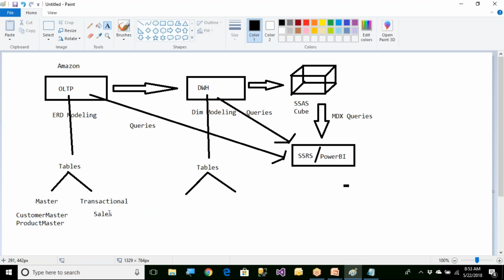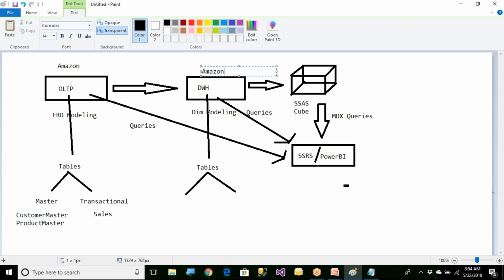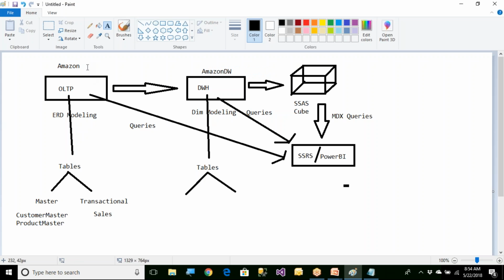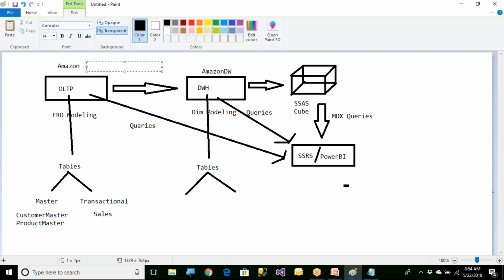Clear? So when we're talking about a data warehouse, how do we get the data warehouse created? The data warehouse is also a database, but here we're talking about a large database being created. The database name could be Amazon DW. This is also a database only. Let us say its size is 500 GB.